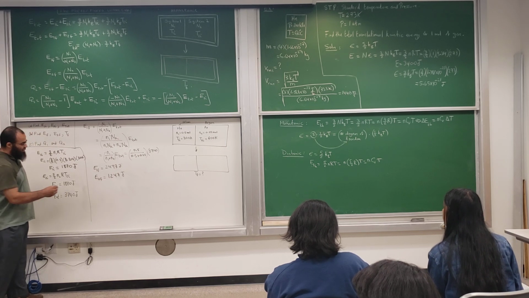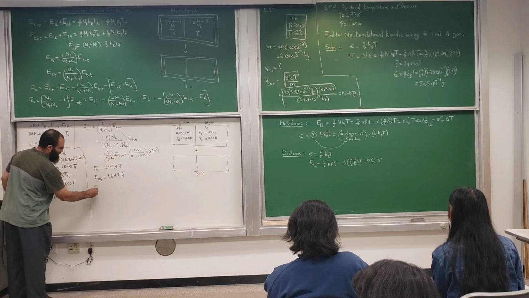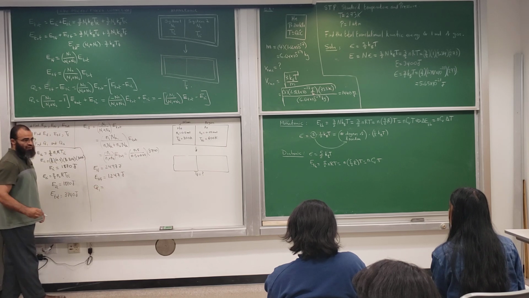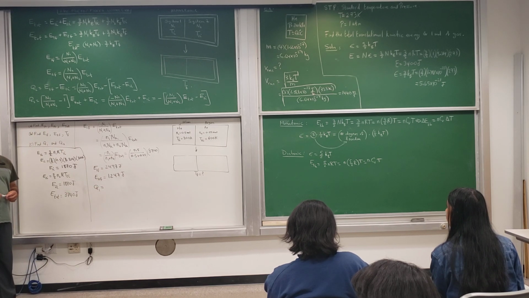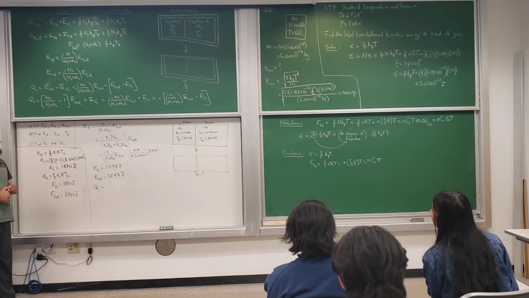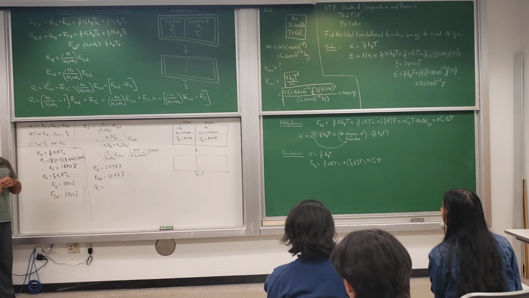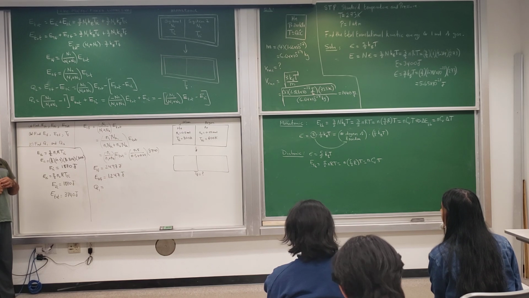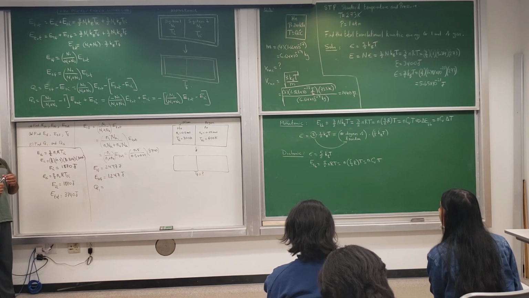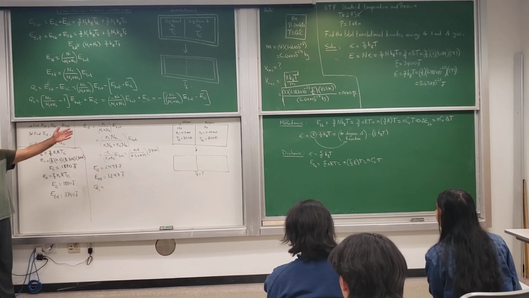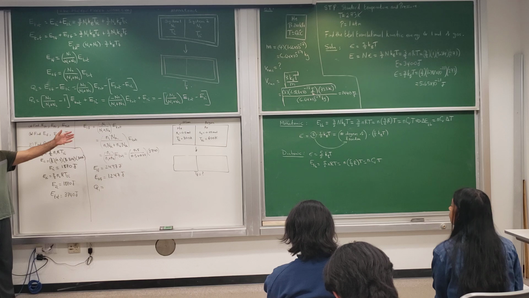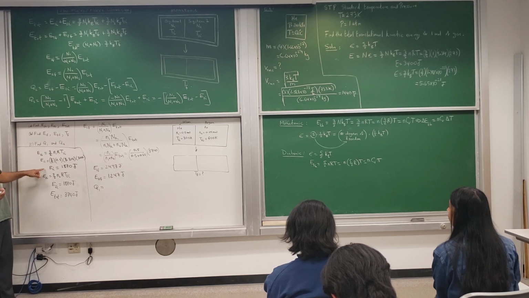Now, how do I get Q1? How much heat entered into system 1? How much energy did system 1 have?